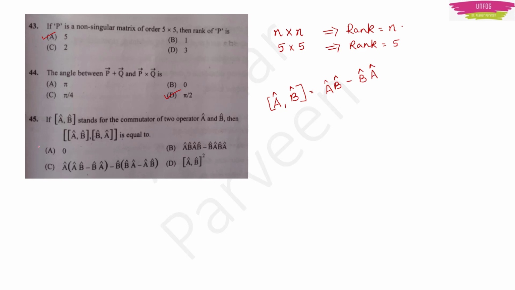So I think option A should be the right answer, 0. Because [A cap, B cap] is also equal to minus [B cap, A cap], right? So the answer should be 0. So this [A cap, B cap] is commuting with [B cap, A cap]. Option A is the right answer.